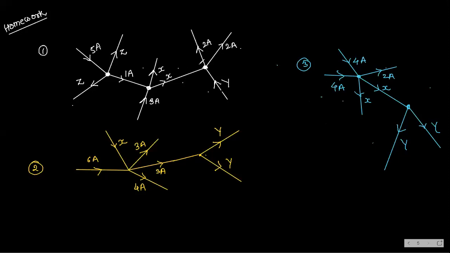This is 3, not 9. Okay. Any other? 5, 1, 3, 2, 2. Here 6, 3, 3, 4. Here 4, 4, 2. Okay, do it fast.